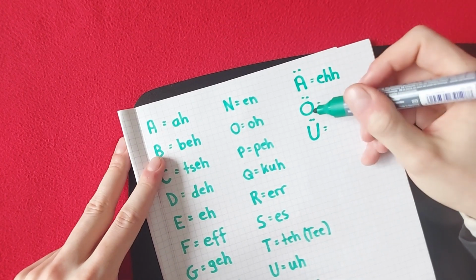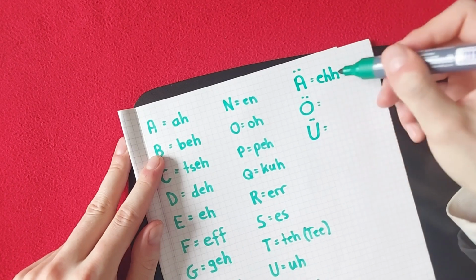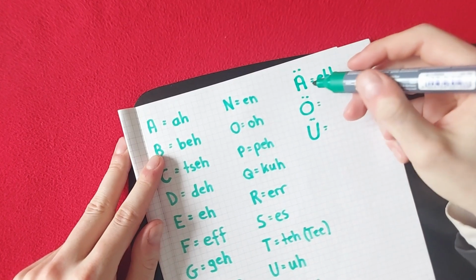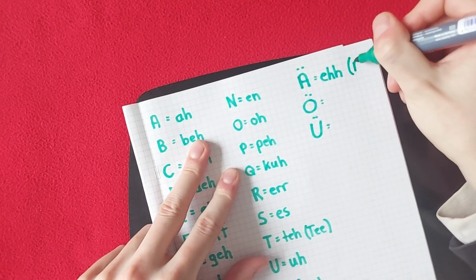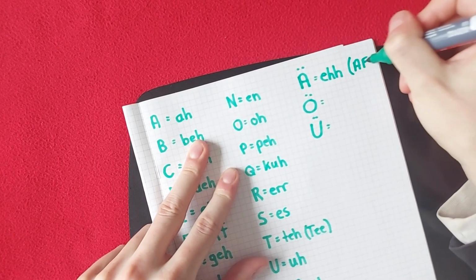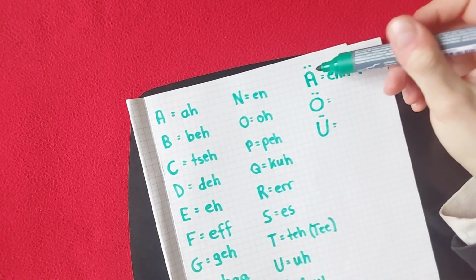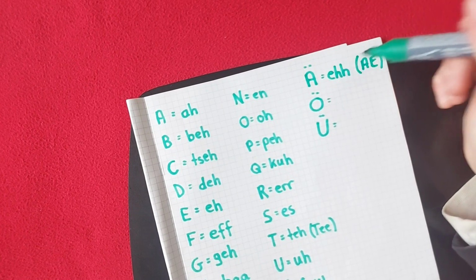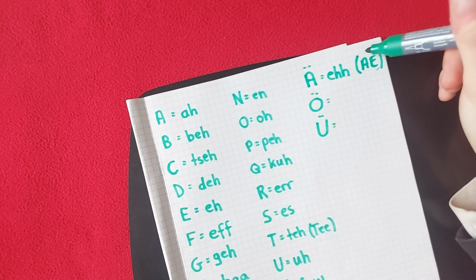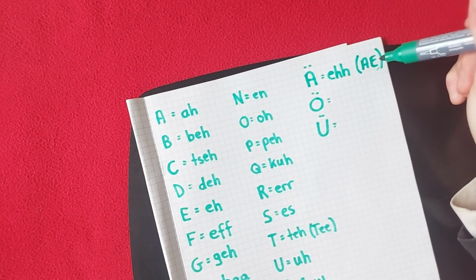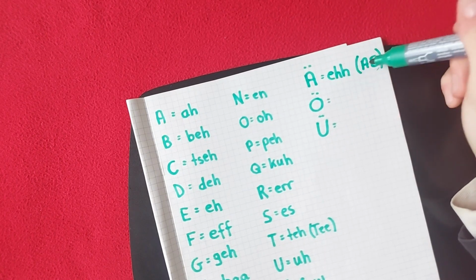And then this one is Ö. Oh, by the way, as an explanation, you can imagine this also as A, E. So that's why we invented this letter in the first place, because in German there would be a lot of words that have this structure with A, E. So we made Ä out of this.